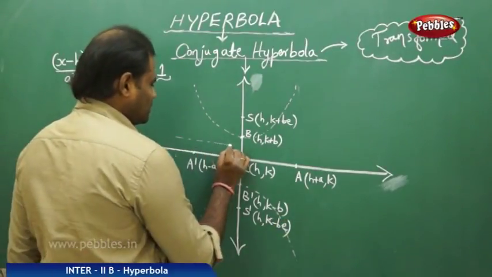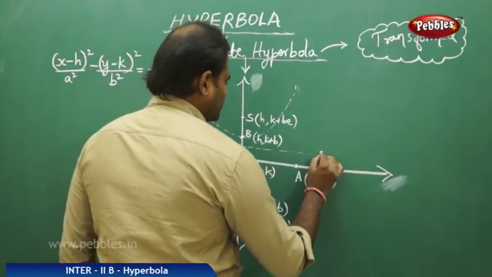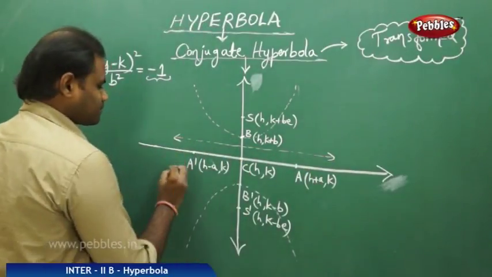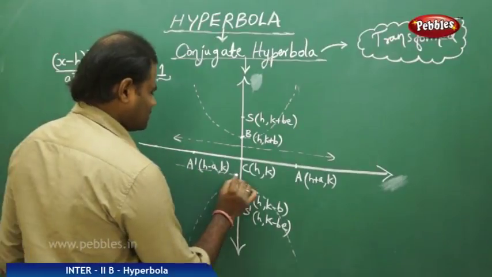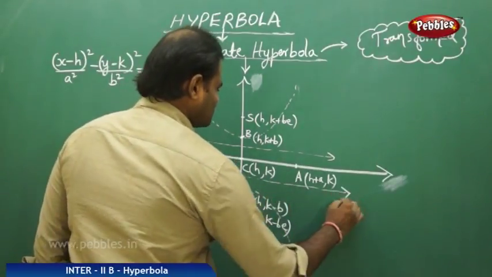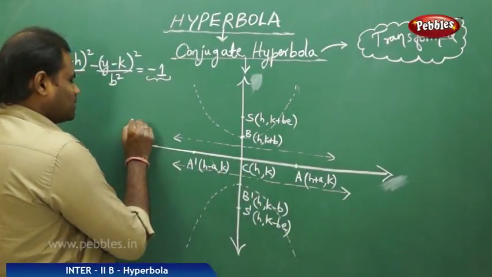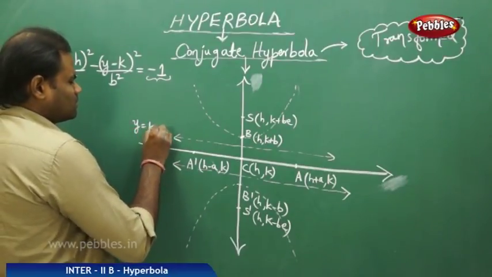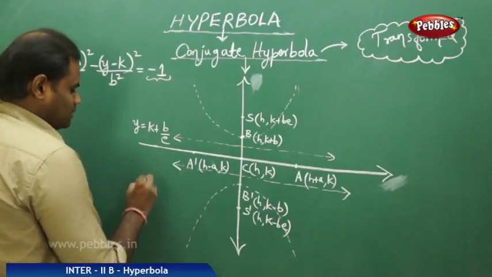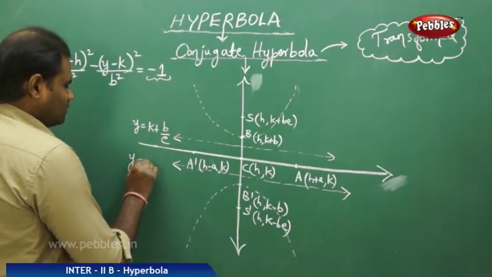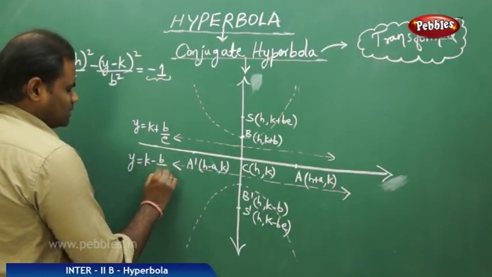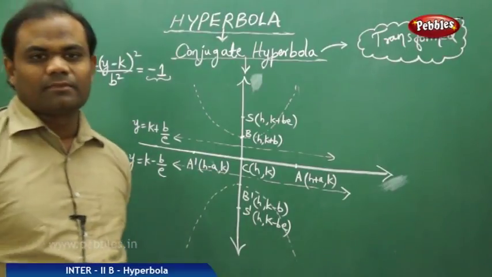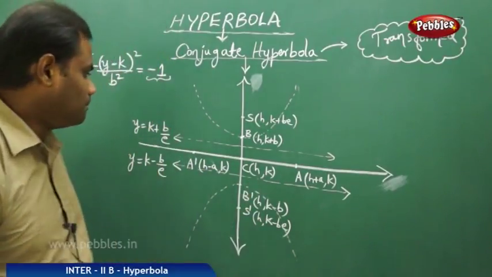Say for example, I want to find the directrix, then this is given by y equals k plus b by e, and this is given by y equals k minus b by e in the transformed form.